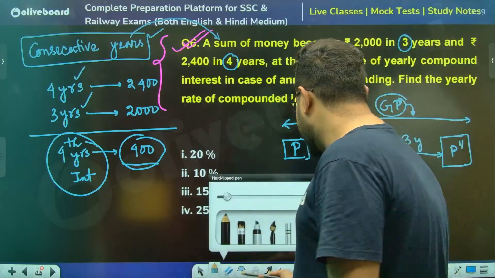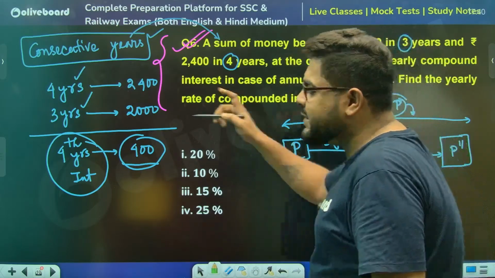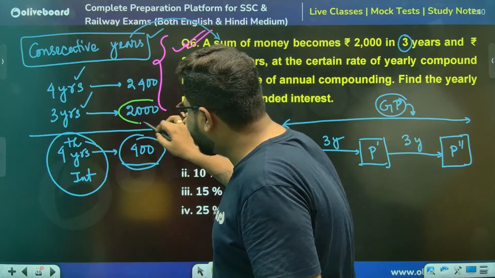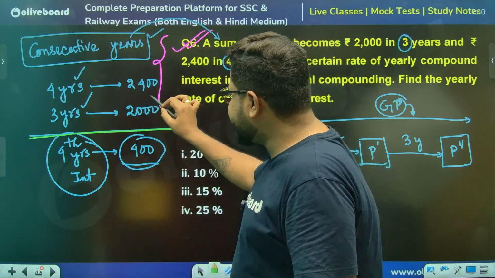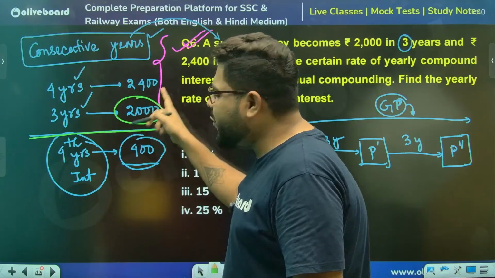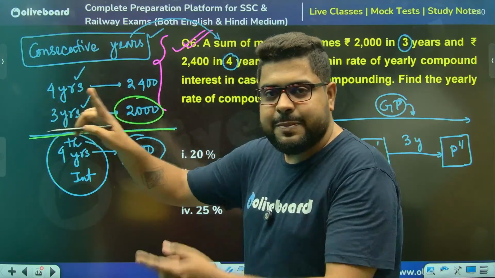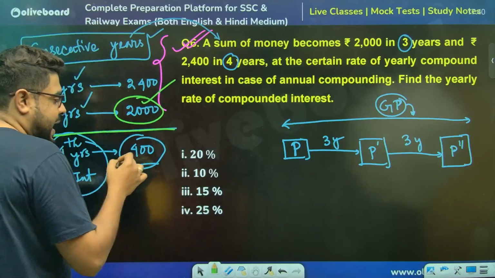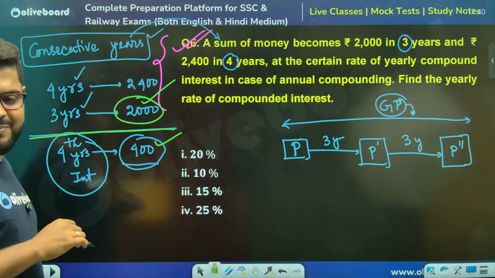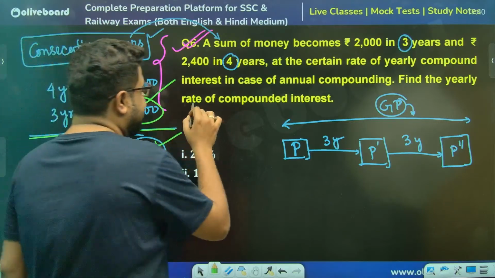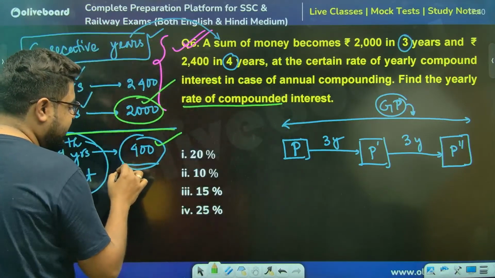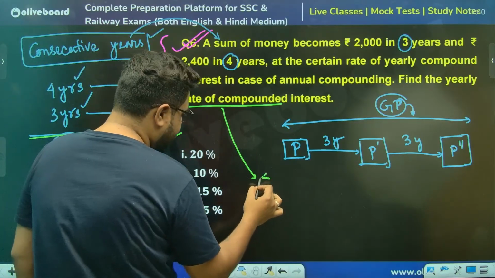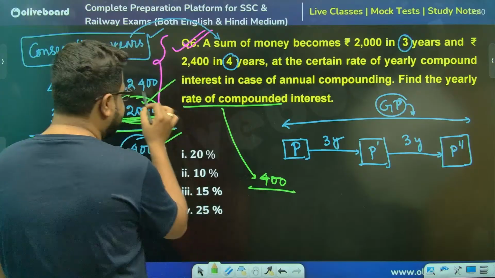Tell me one thing, what is always the principal for the fourth year's interest? Whatever is the amount after 3 years, that becomes the principal for the fourth year. So this is my principal, 2000, and this is my interest for 1 year, 400. So the rate of interest is 400 as a percentage of 2000, times 100.